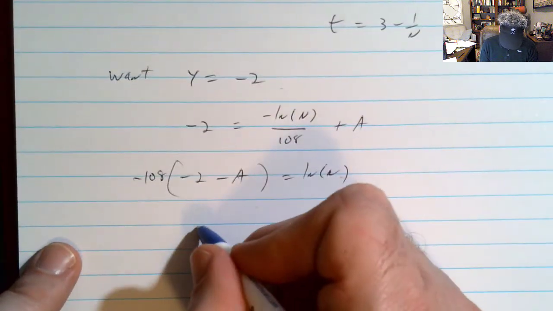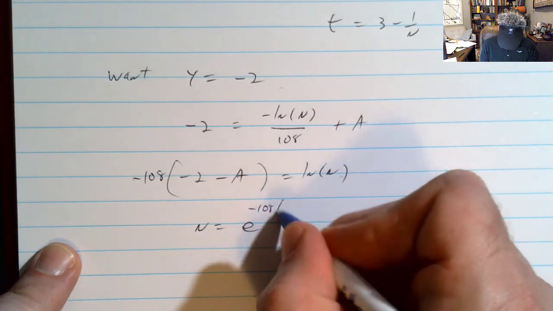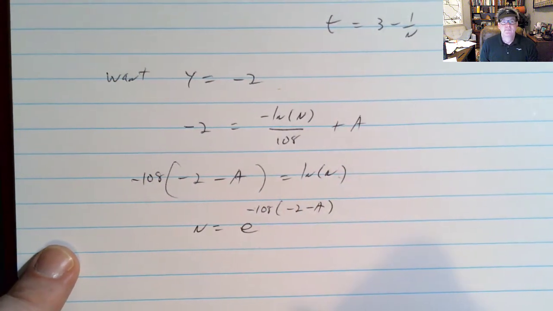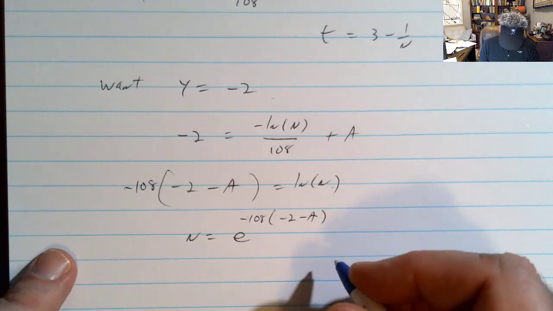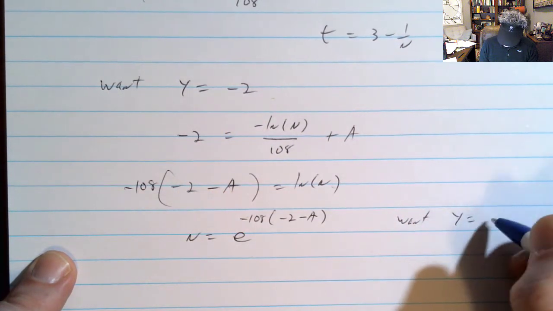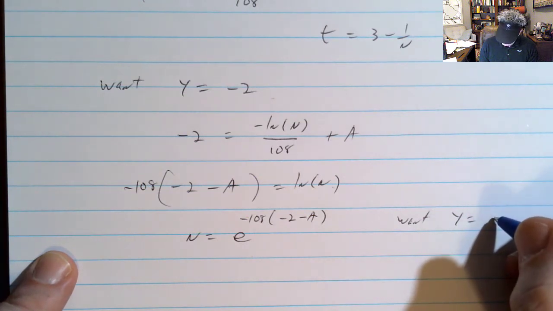So n is e to this. And in general, what if I want y to equal, I'll just call it m.